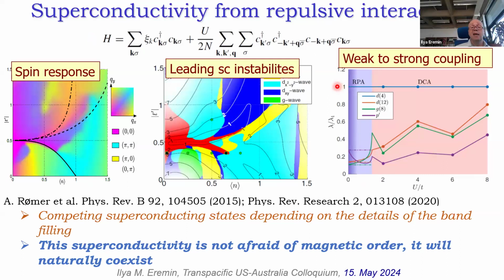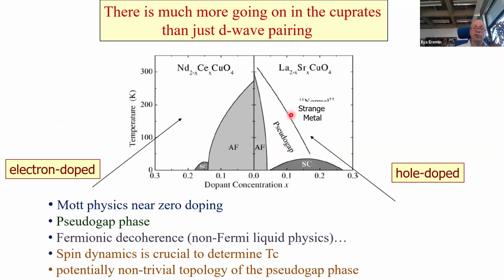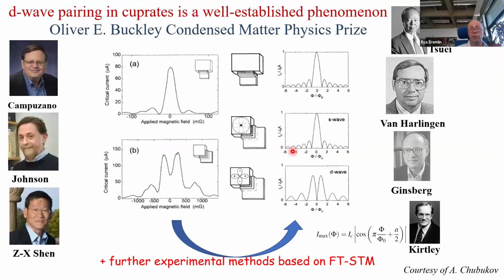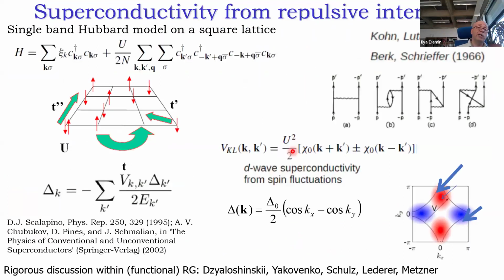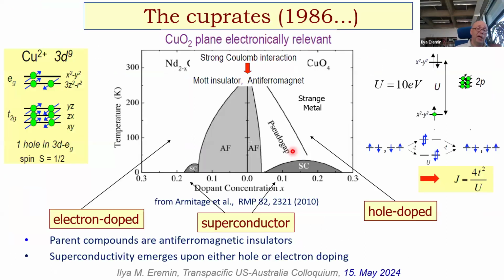So the thing is that, as I said, in this region, in the underdoped, the Fermi surface is by far not the one which I've shown to you before. This you see only in a well overdoped regime.